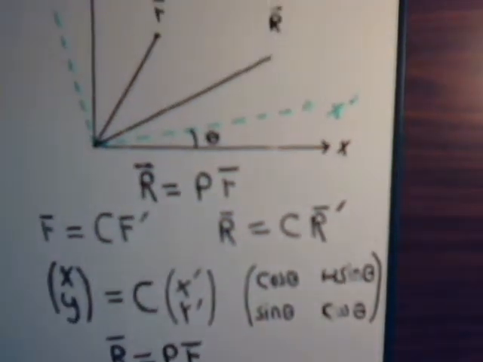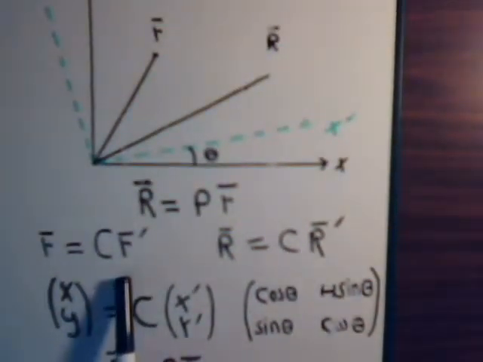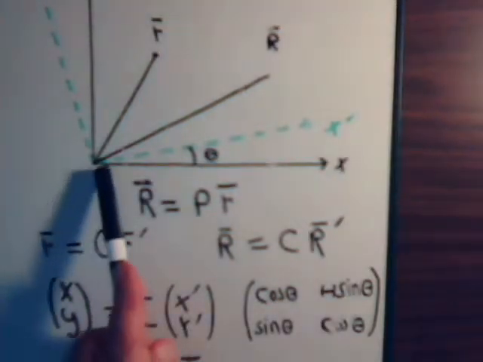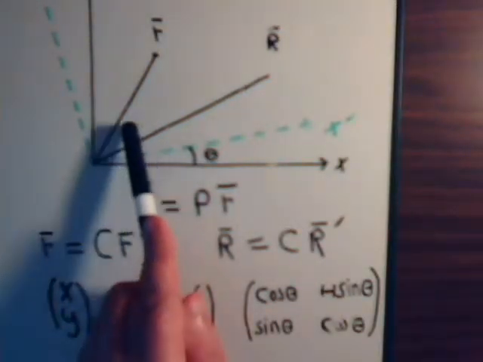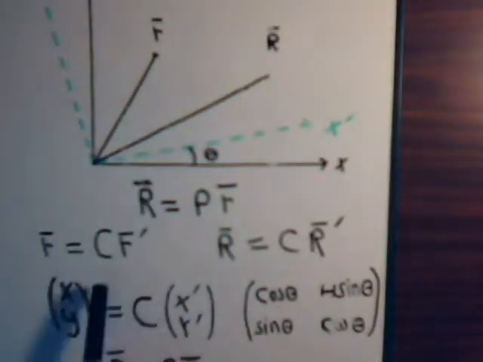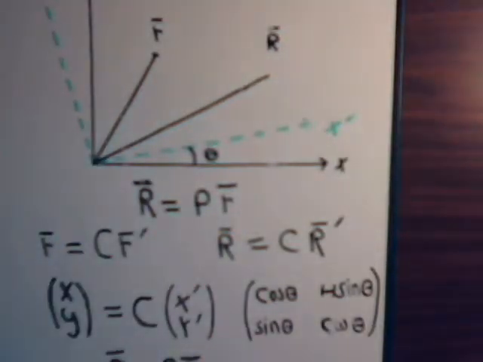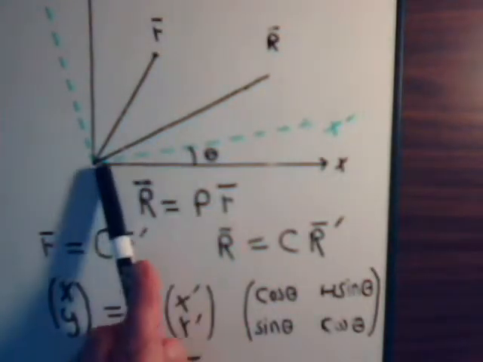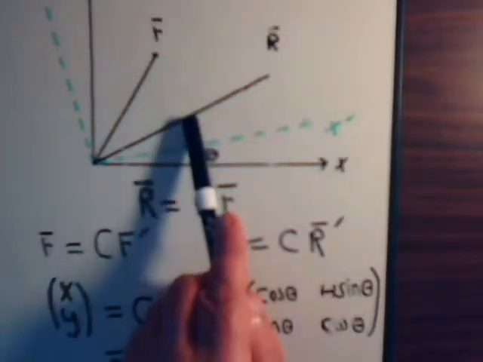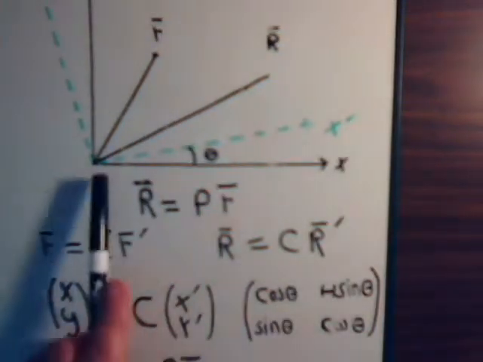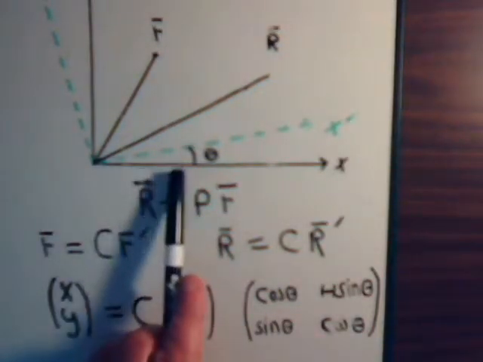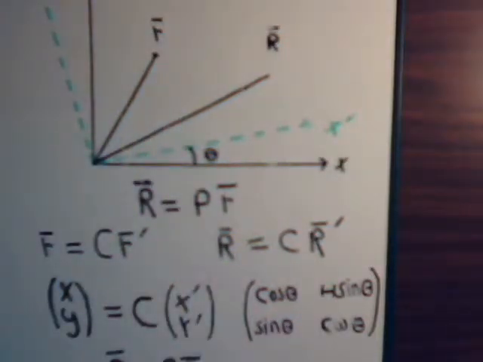So, for example, if we're on small r and we know an x prime, y prime point, then the matrix C will tell us its corresponding xy point. Or if we're on large R and we know an x prime, y prime point, the matrix C will give us its corresponding xy coordinates.